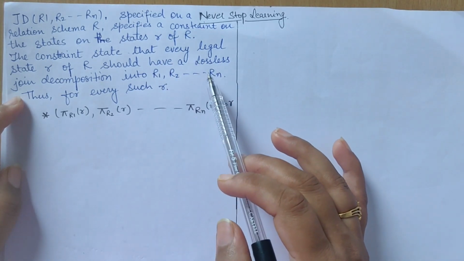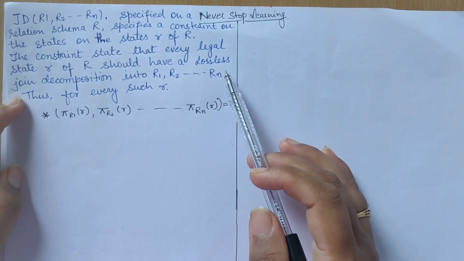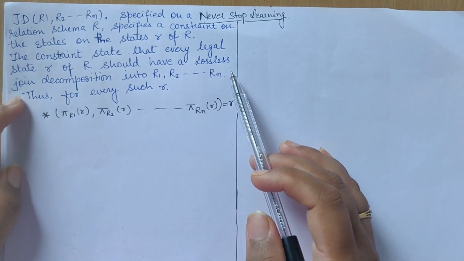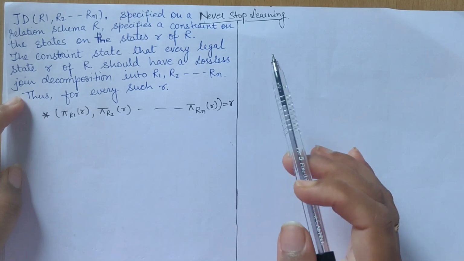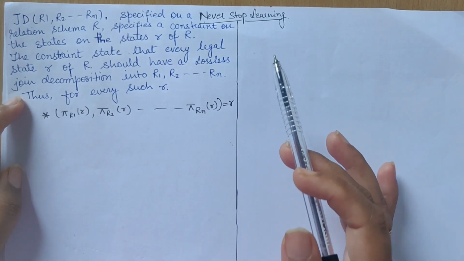That means if I want to recreate the table, again I should get all the constraints and the final table, capital R.